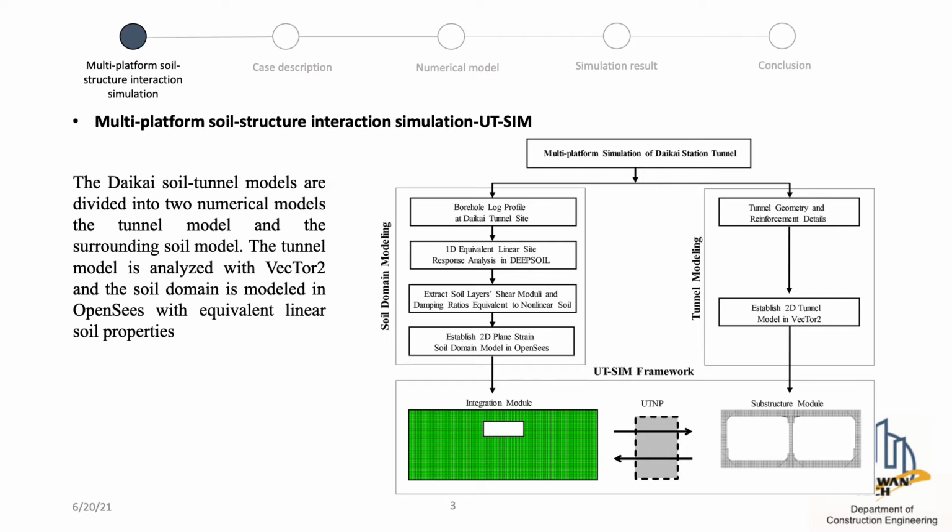In the soil domain model, first do the equivalent linear site response analysis in DEEPSOIL software. Next is to check the soil layer shear modulus and damping ratio, equivalent to nonlinear soil. And last, we can establish the 2D plane strain soil domain model in OpenSees.